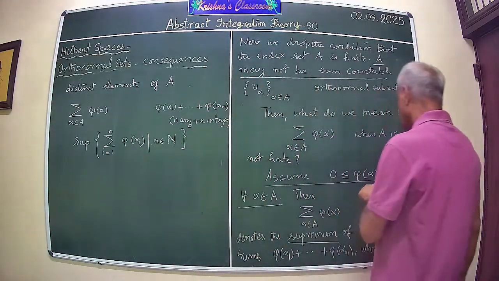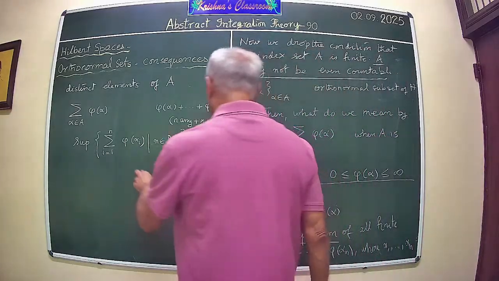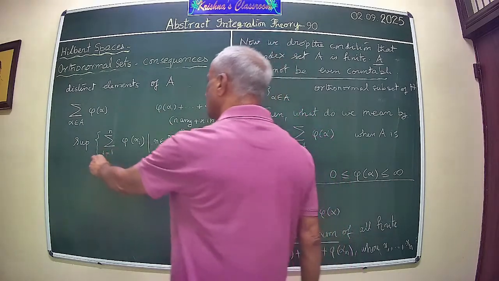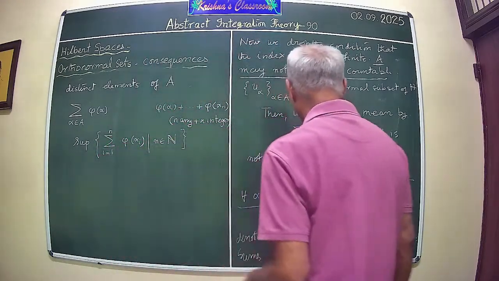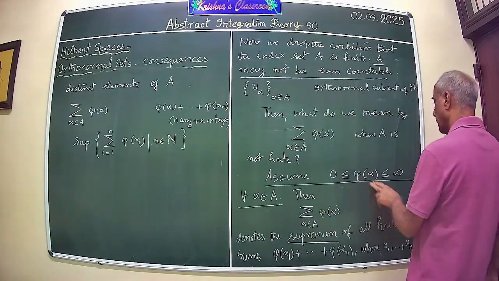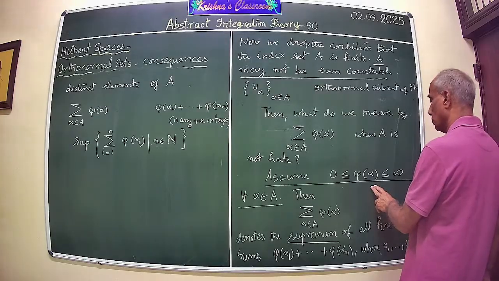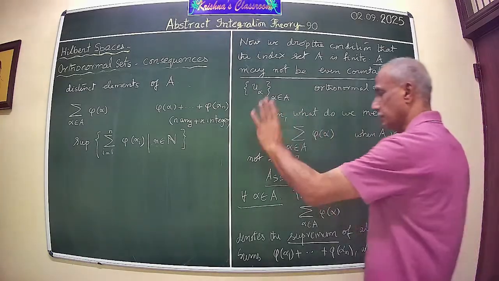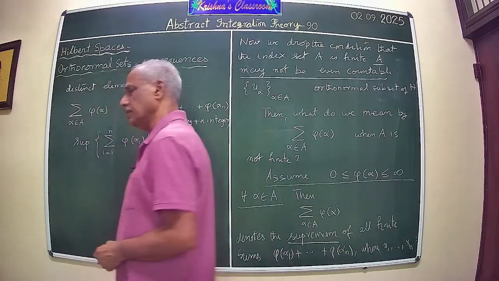Now, it could be possible that this sum is anyway finite, but the supremum may not be finite. That's the problem. And of course, if phi alpha I is infinity for some alpha I, then this may be even infinity. In that case, the supremum is essentially infinity.